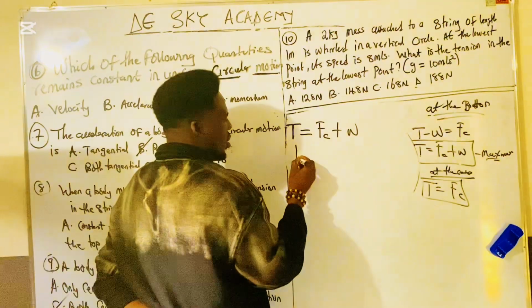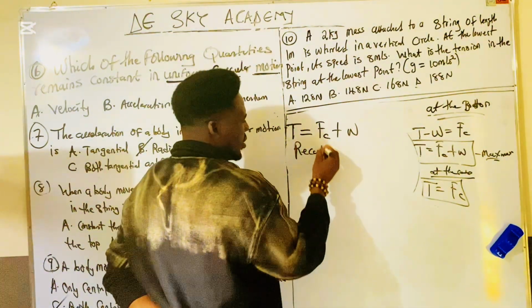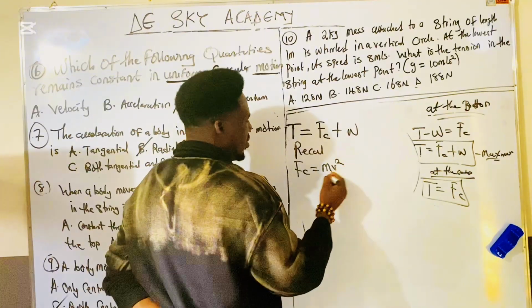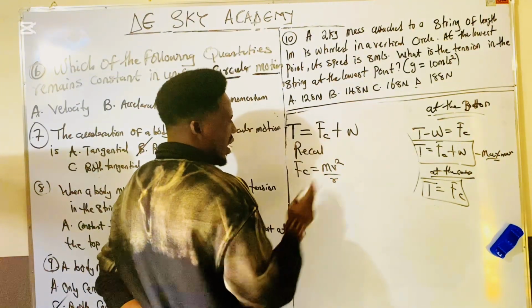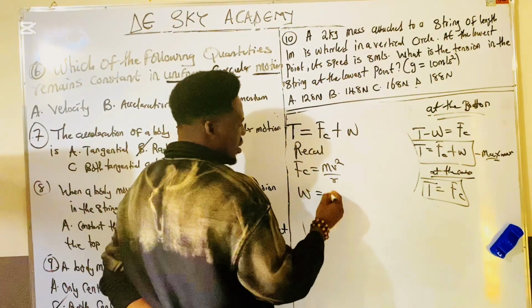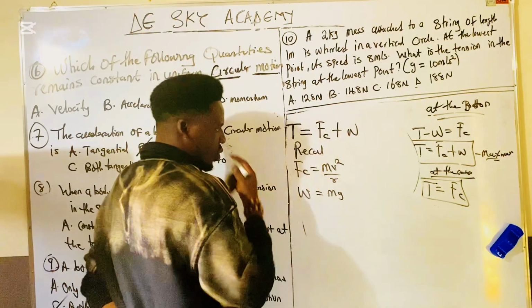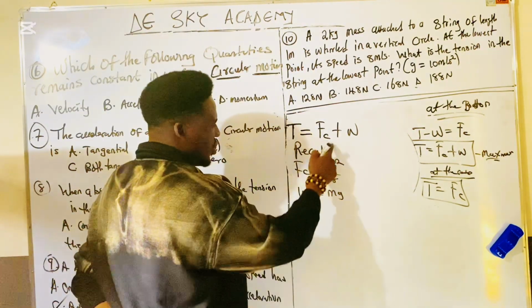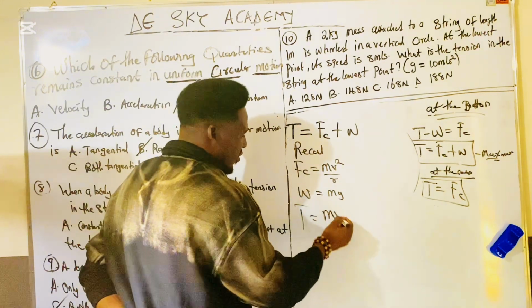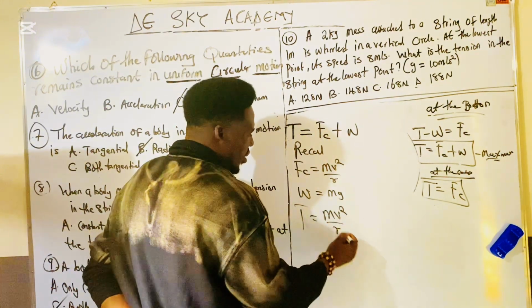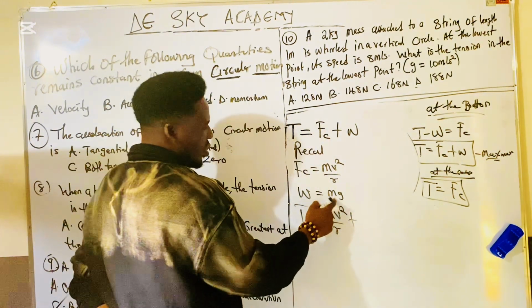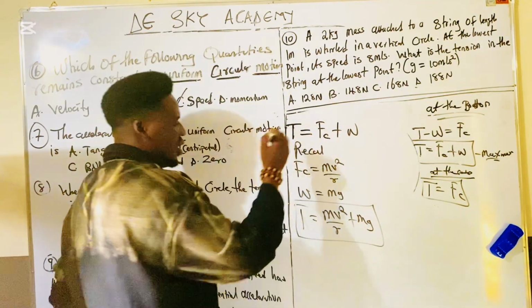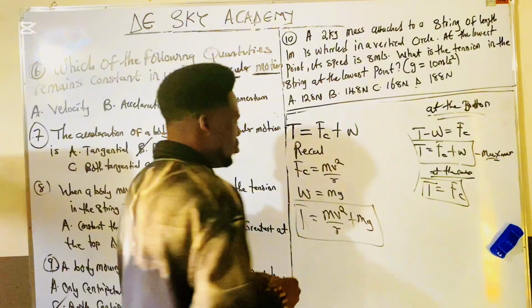Recall that centripetal force is equals to mv square over r. And also recall that the weight is equals to mg. So what does it mean? Any place I see centripetal force, what am I going to put? mv square over r plus what of weight? mg. So with this, we can be able to calculate the tension at the bottom.